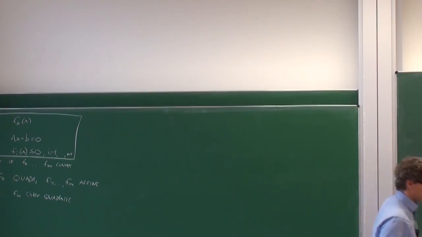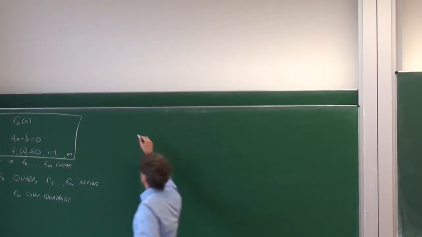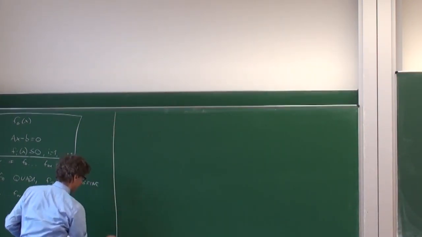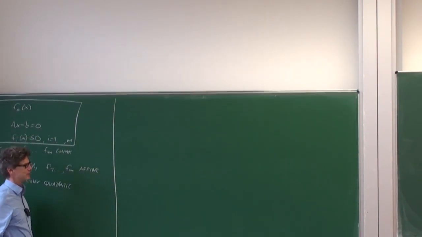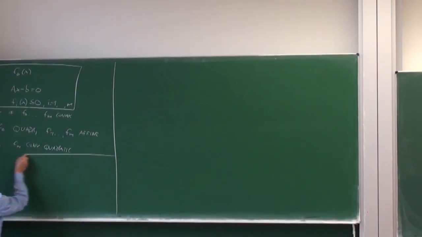Okay, we already saw some other convex sets which we could not describe with this type of standard inequalities, and one of these was given by matrix inequalities. As promised, I want to explain briefly what we call a semi-definite programming problem, because a lot of interesting problems can be formulated using it.